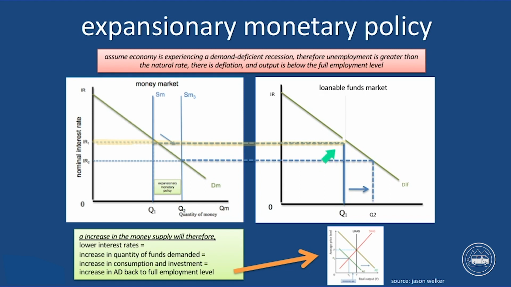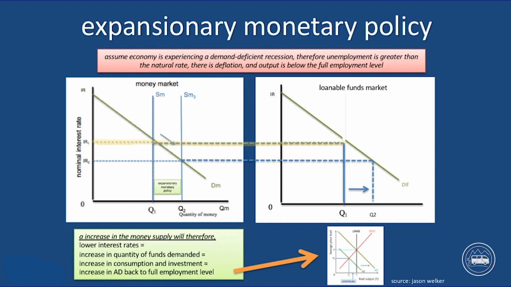And then guess what? There was a recession, a demand-deficient recession. Unemployment went up, it's at 8%, there's deflation, oh my goodness, output is down, and we're looking at a situation where the government must take action to help the economy move aggregate demand back outwards.